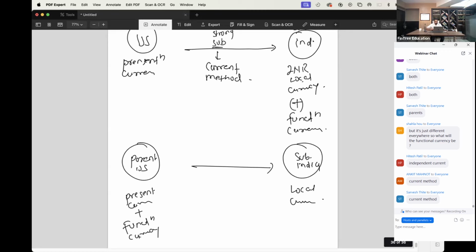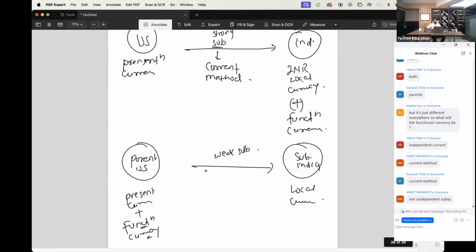All the decision making is happening in the US itself. So now, can I call this, and this is my language by the way, some sort of a weak subsidiary, one that does not have a lot of autonomy? So when you're translating financial statements from local to functional, then the method that you want to use is the temporal method. That's roughly true for both US GAAP and IFRS.